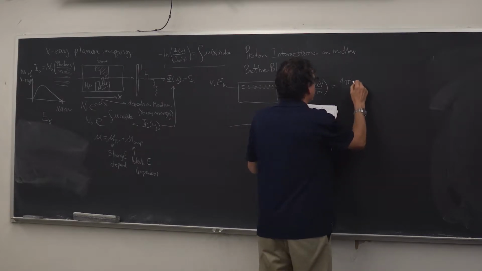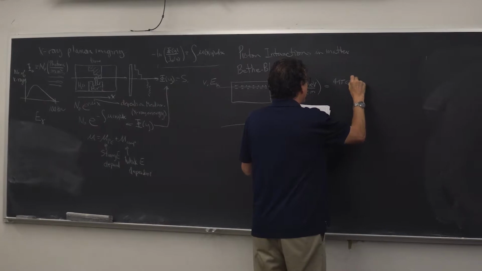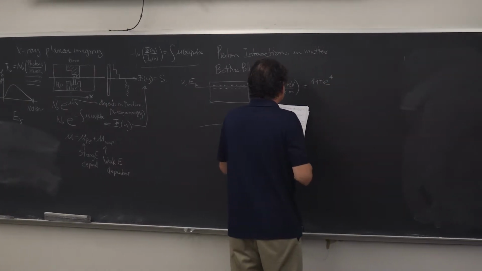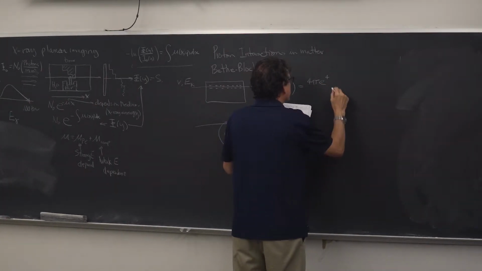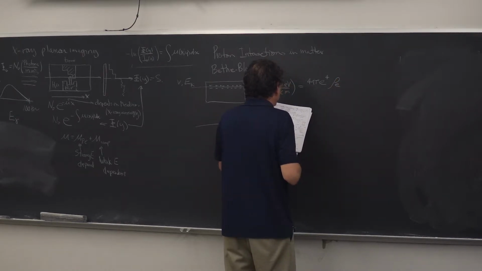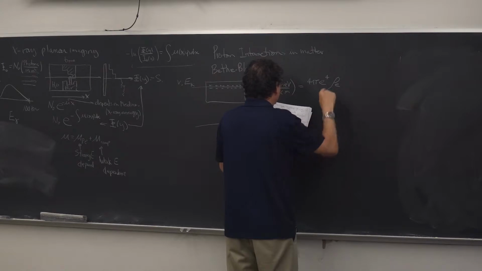The equation ends up like this. It goes 4 pi epsilon e to the fourth, the charge of the electron, times the electron density, and I'll explain how we get that in just a second, or how we can decompose that into other parts.